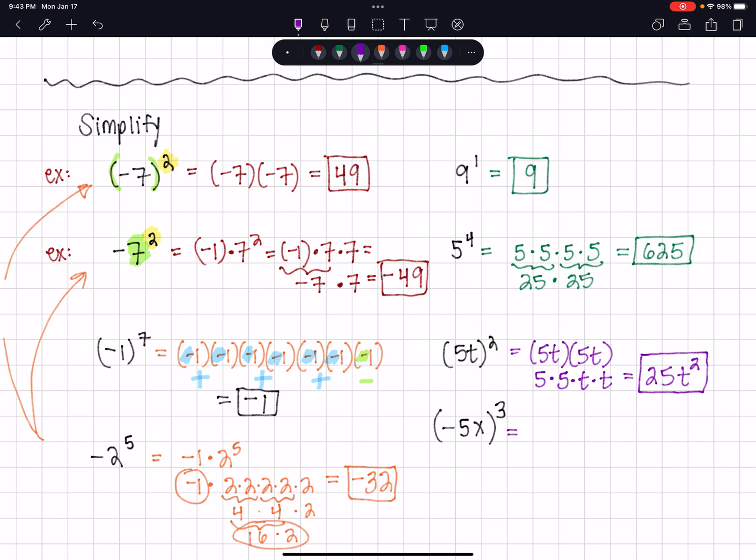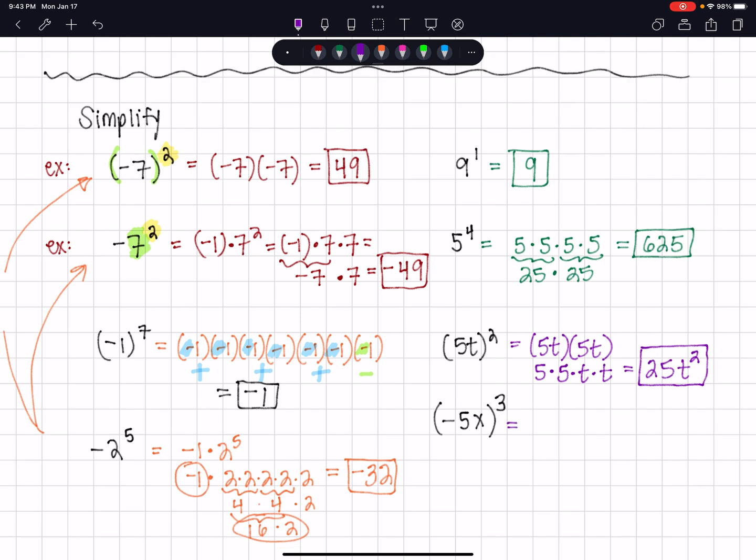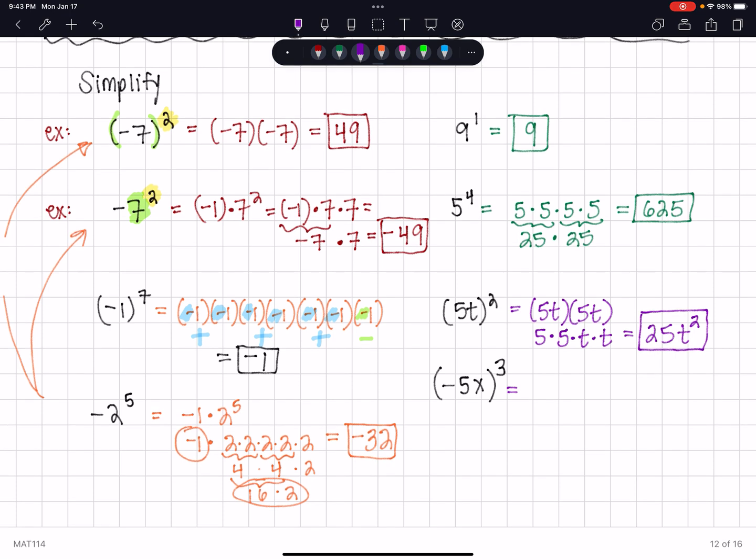And our last one, (-5x) raised to the 3rd power, is going to be -5x times -5x times -5x. And that's because this negative is on the inside of the parentheses.